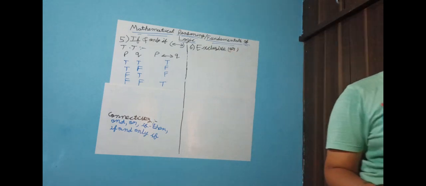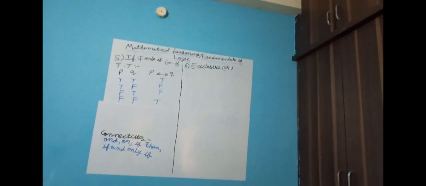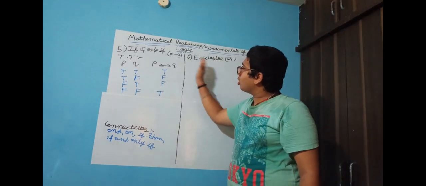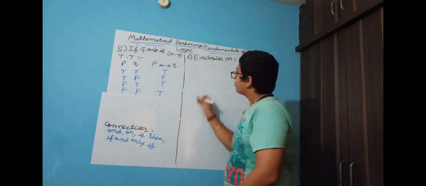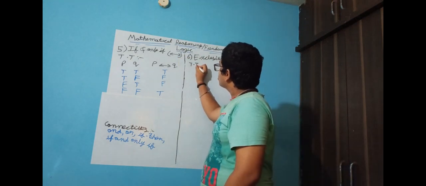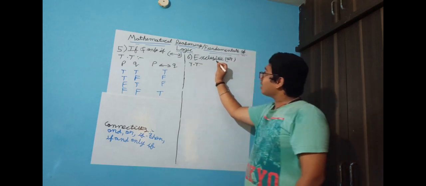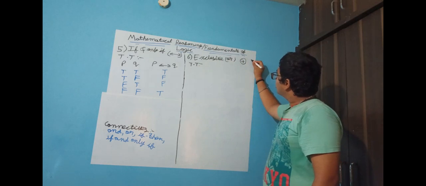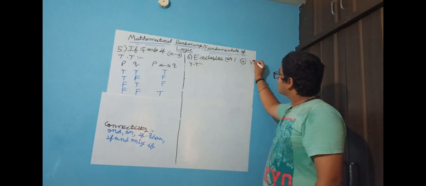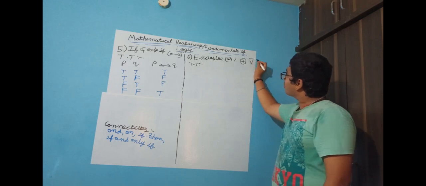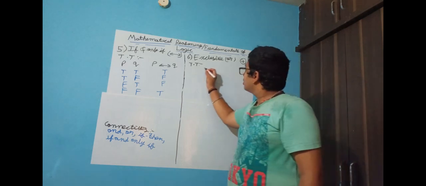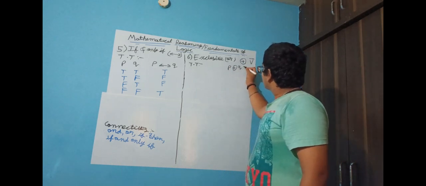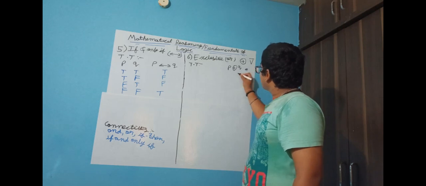Make note of it, I will continue. Exclusive OR is completely opposite of if and only if. Before the truth table, how do we represent this? We use the OR symbol with a bar on it. It means P exclusive OR Q, or you can represent it like this also.